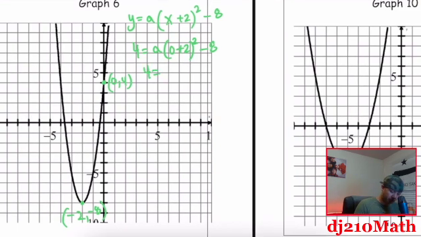So 4 is equal to 4a minus 8. I'm going to add 8 to both sides. That becomes 12 equals 4a. Divide both sides by 4. A is equal to 3. So we're going to recycle that guy. That's an important piece of the puzzle for sure. A is equal to 3.